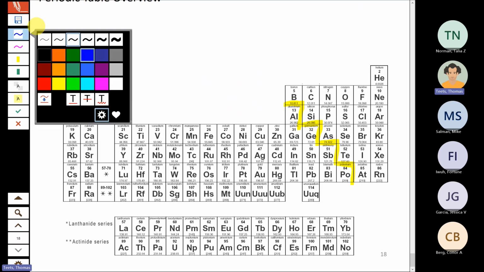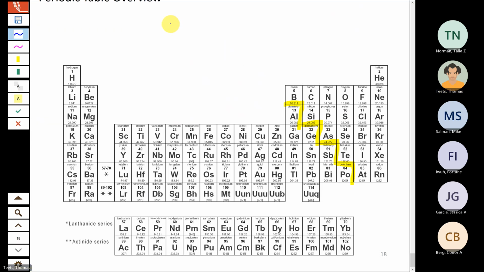Essentially, everything to the left of that is a metal, and everything to the right is a nonmetal. So this dividing line, in its grossest form, divides metals from nonmetals.